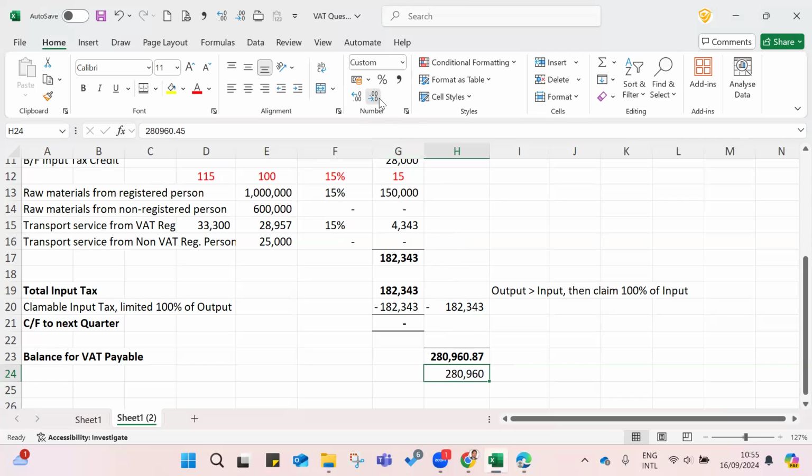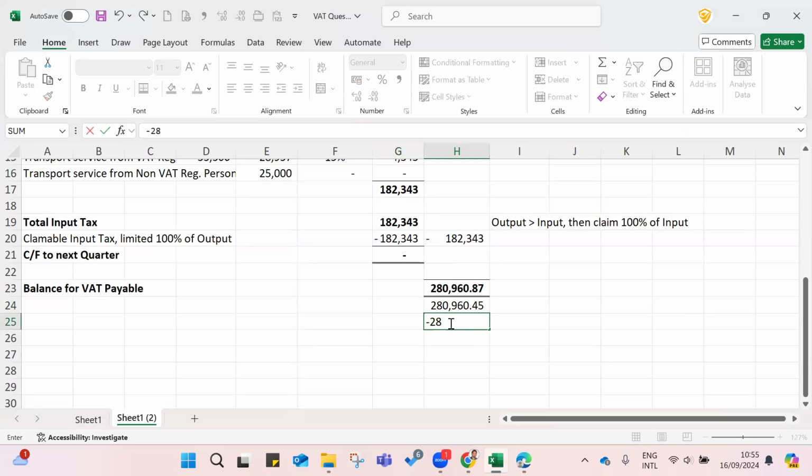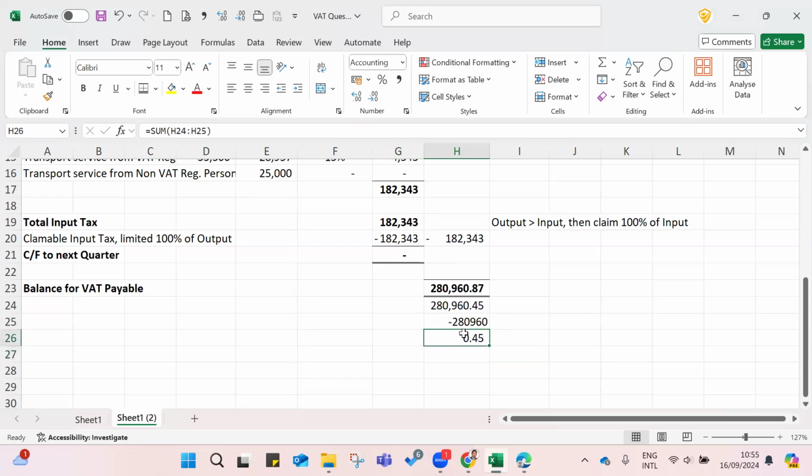You generate a check for the company to pay this amount, 160. Then the underpayment is how much?